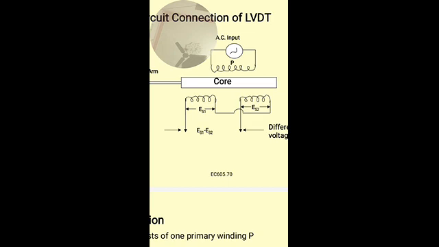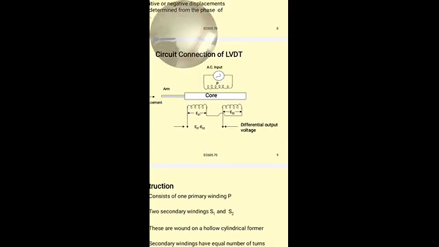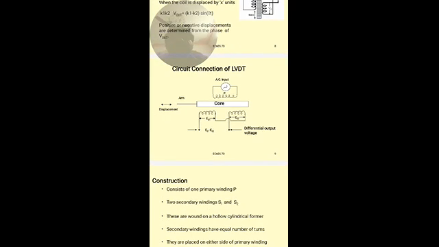The output voltage equation, when the core is moving towards left, is Vs2 minus Vs1.